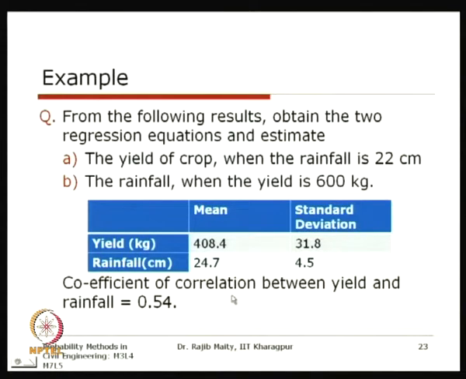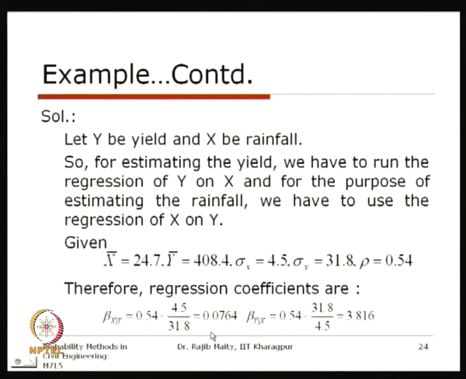So, this information is available to us. If we know this, then we have to develop the two regression equations, that is, the expression for the yield given the rainfall and the expression for the rainfall given the yield. Both equations we can obtain with the help of the correlation coefficient. So, let y be the yield and x be the rainfall.